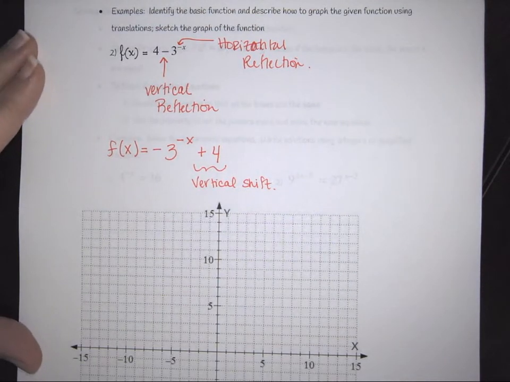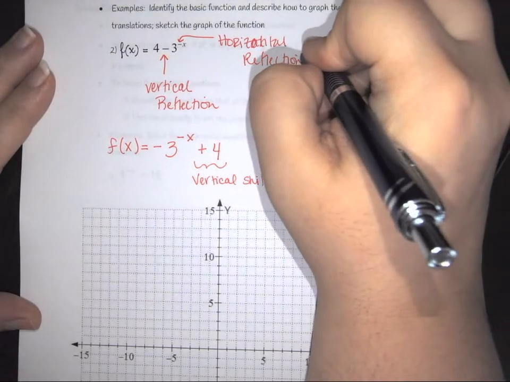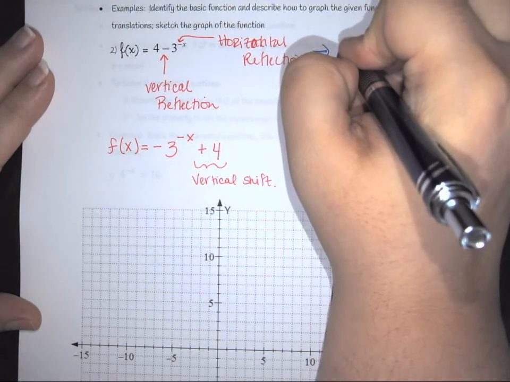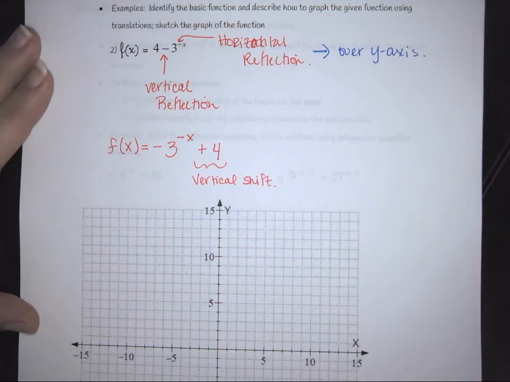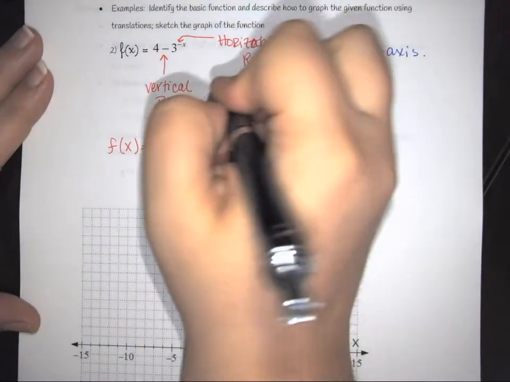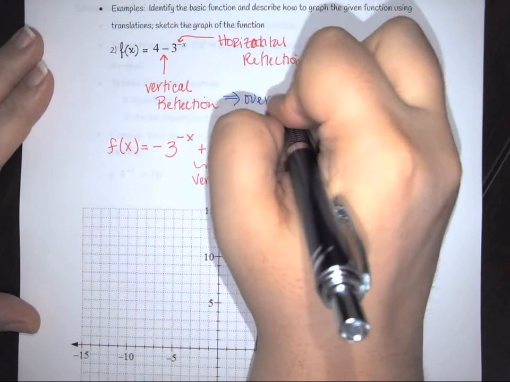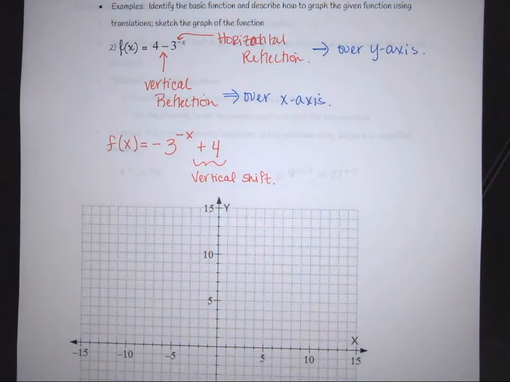So what do we know? Well, a horizontal reflection means you're going top to bottom. So this is going to be a reflection where we are going over the y-axis. Sorry, horizontal is left to right. Vertical is top to bottom, so we are going over the x-axis. Okay.